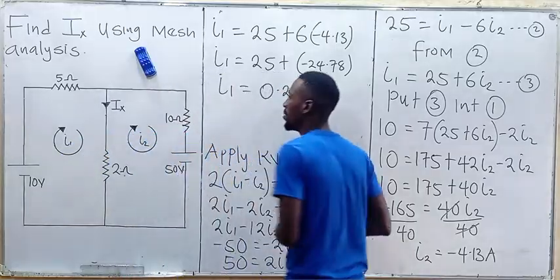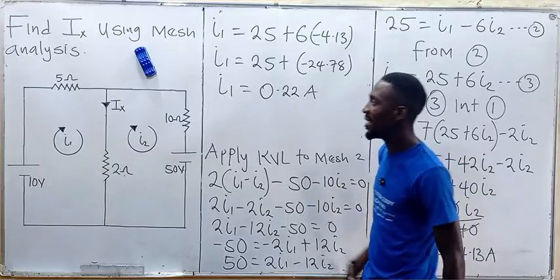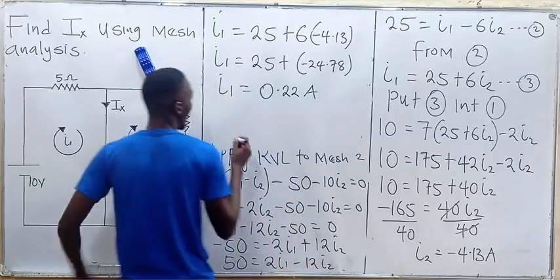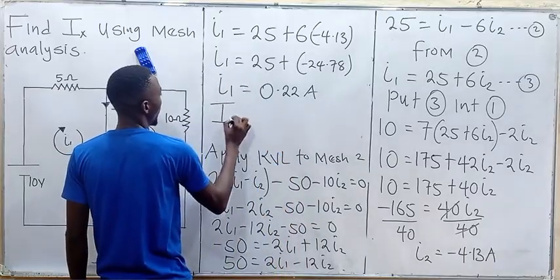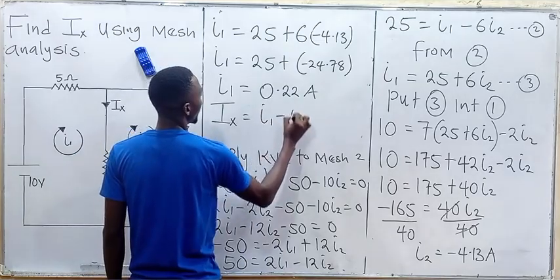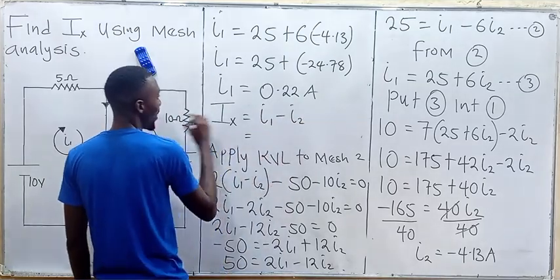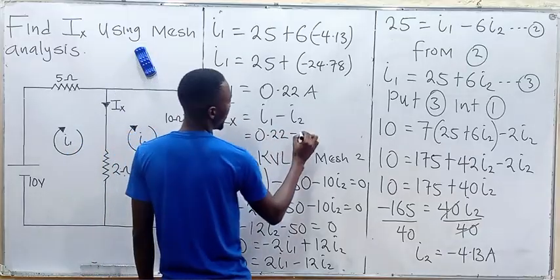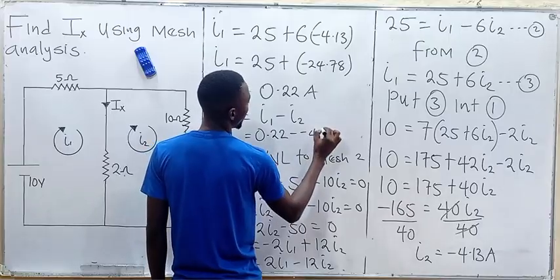All right, so now the question says we should find IS, and our IS is between what? Mesh 1 and mesh 2. So IS will be equals to I1 minus what? I2, and our I1 is 0.22 minus I2 is minus 4.13.